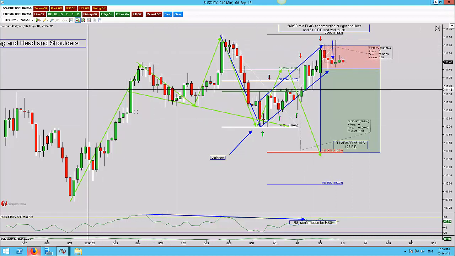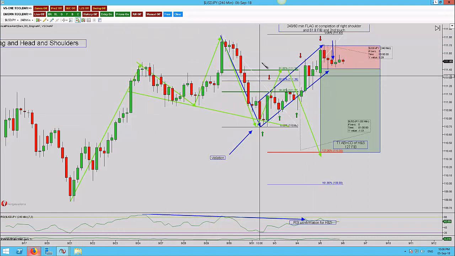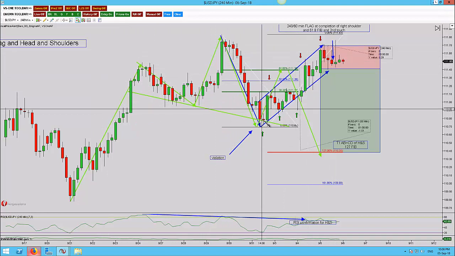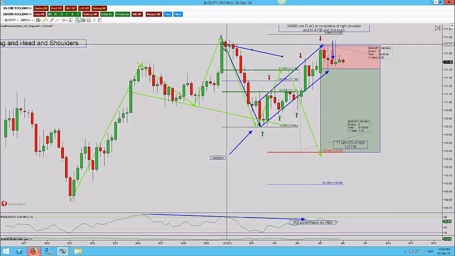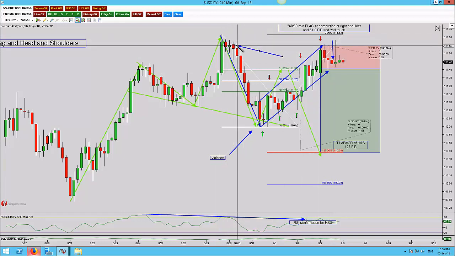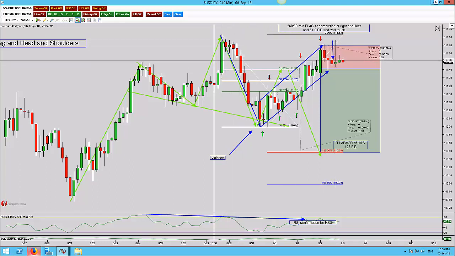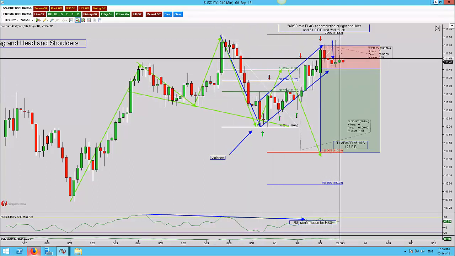For me though, this is invalid anyway. We went too high for the flag pattern and for the head. The right shoulder has come too high as well, so none of these patterns are valid for me anymore.